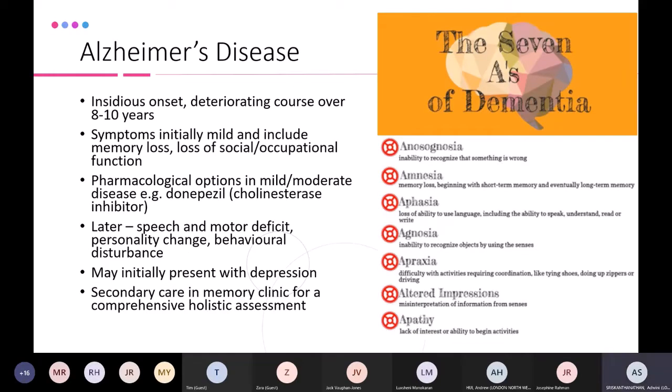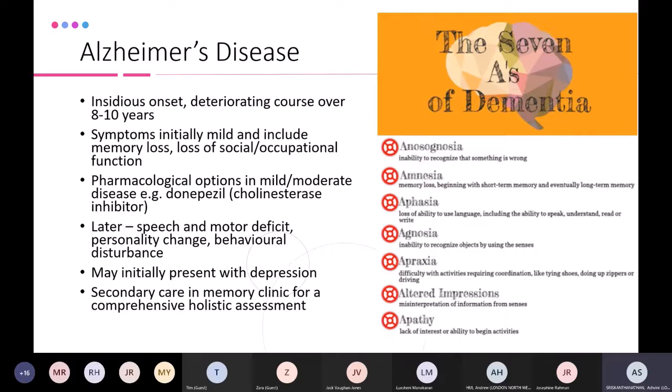So just to go through Alzheimer's disease, which is one of the causes of dementia, quite common as well. The prevalence of this increases with age. It's an insidious onset, and deterioration occurs over the course of a few years, so about 8 to 10 years.